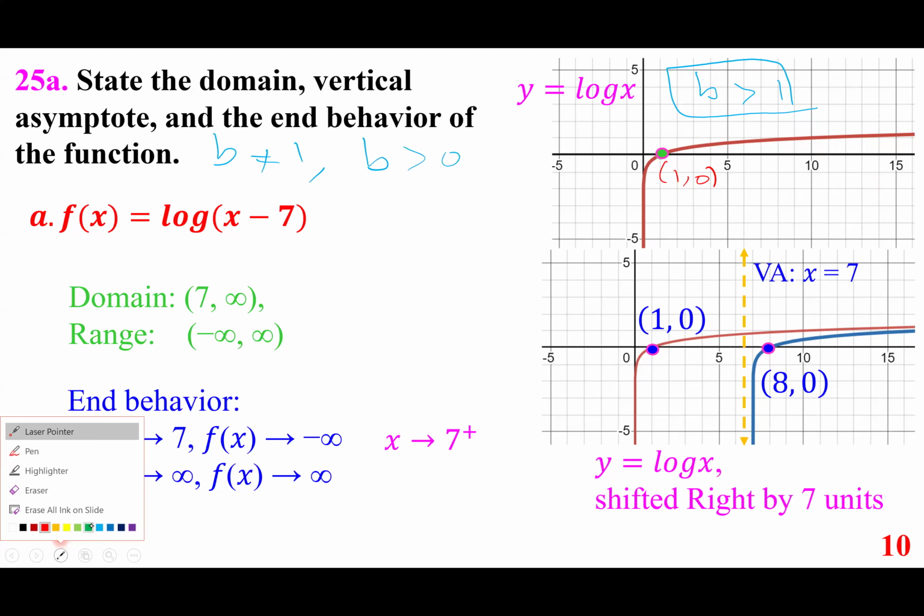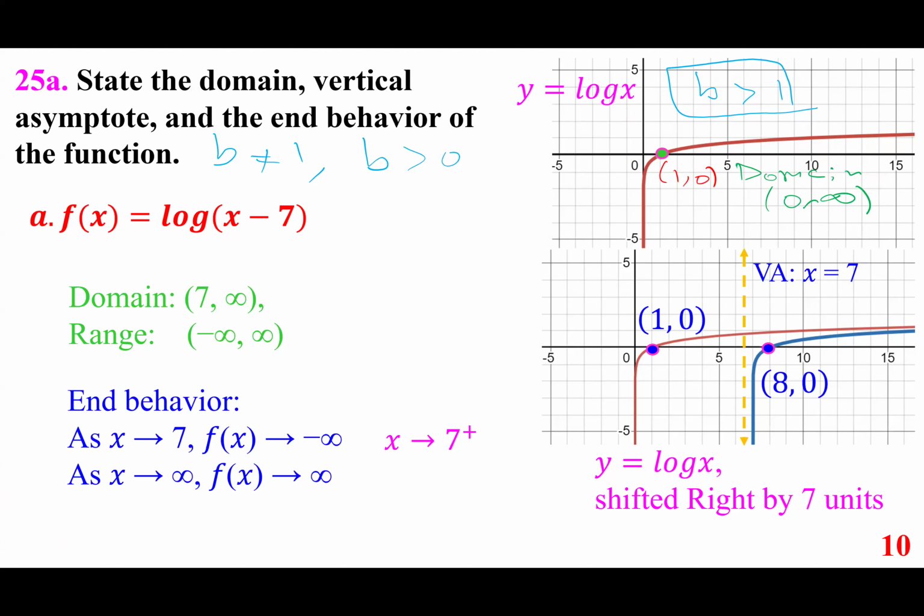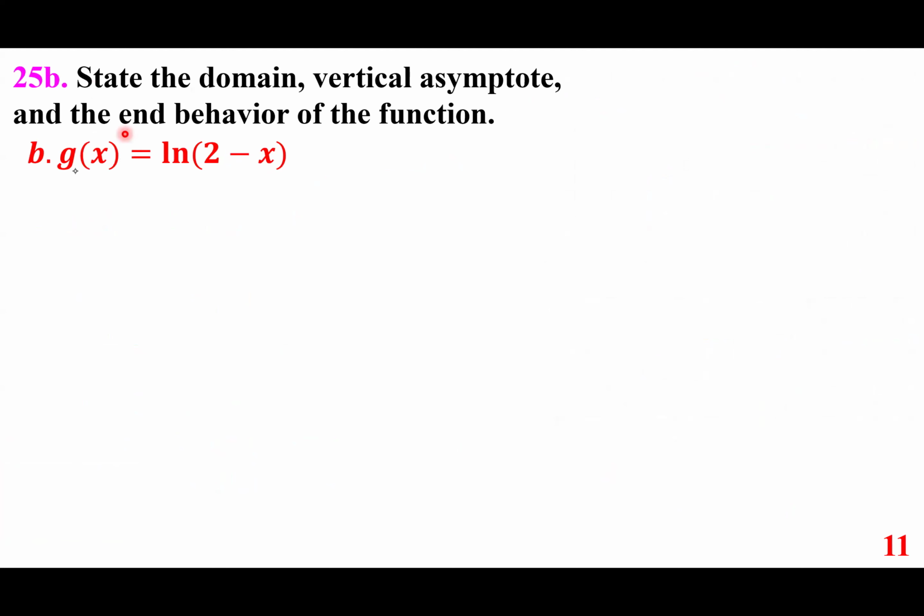The domain is from 0 to infinity, and the VA is the y-axis, x equals 0, for the basic function. If I have log x base 2 or base 5, it's the same thing. And the shifting gives us new results. All right, let's move on to the following.